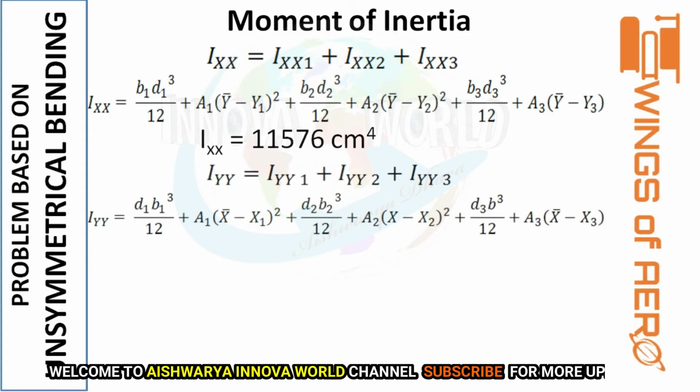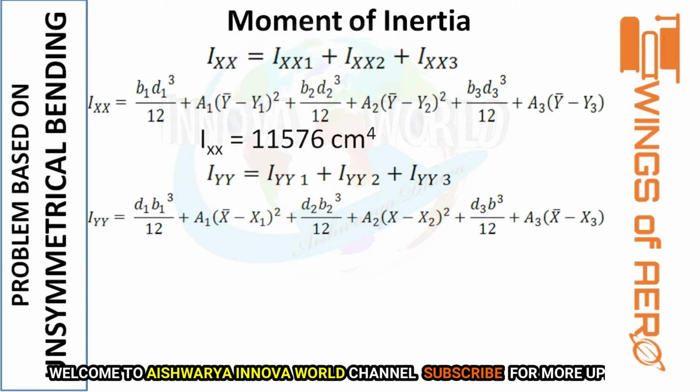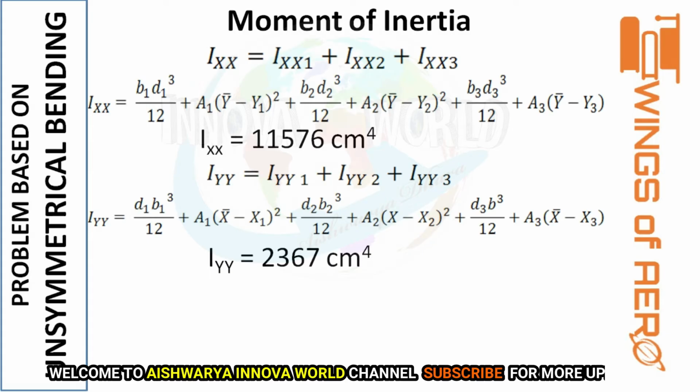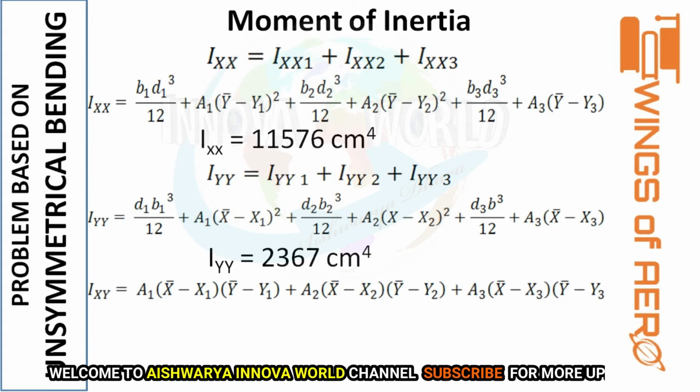Now what is Iyy? This is the formula of Iyy. Substituting the values, we get Iyy equals 2367 centimeter power 4. Similarly, Ixy, this is the formula. Substituting the respective values, we get minus 3726 centimeter power 4.